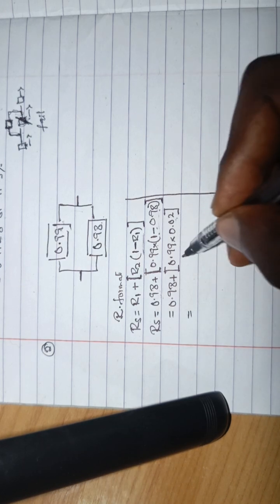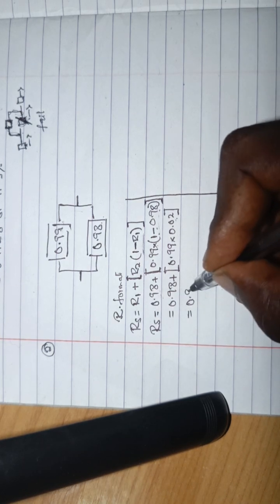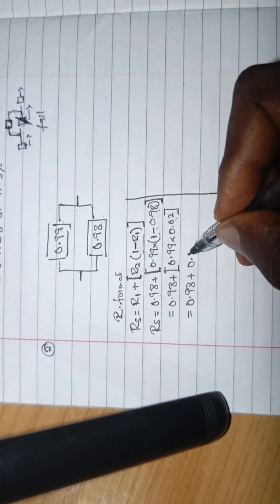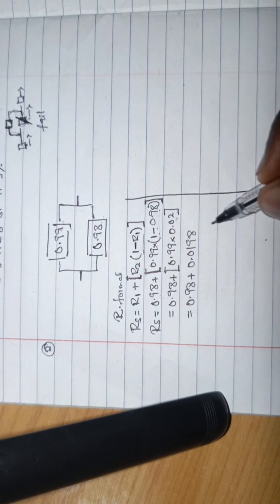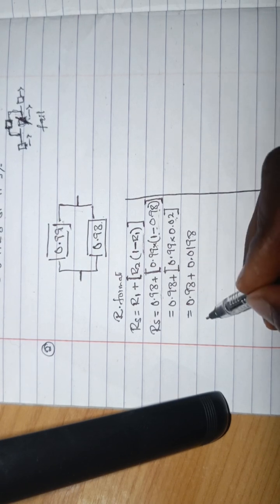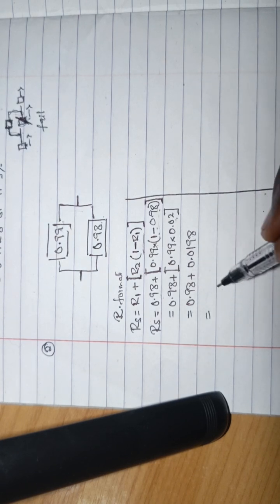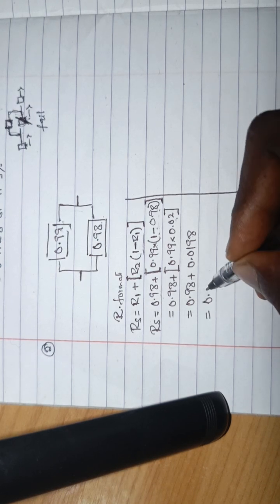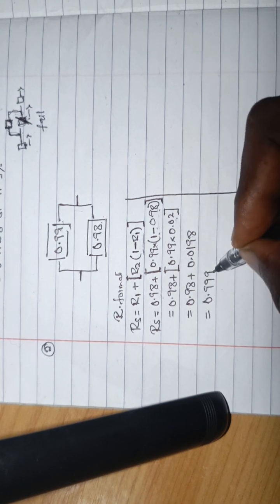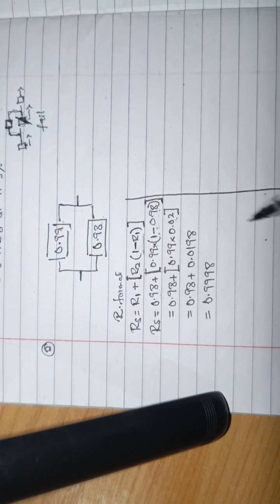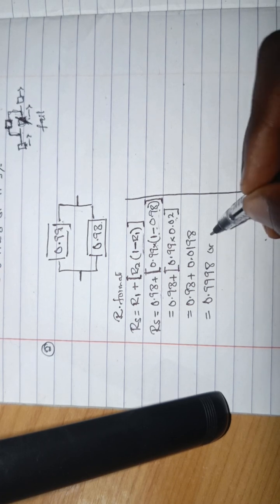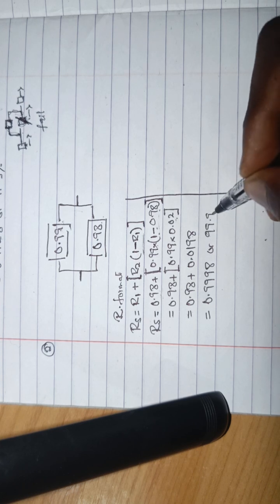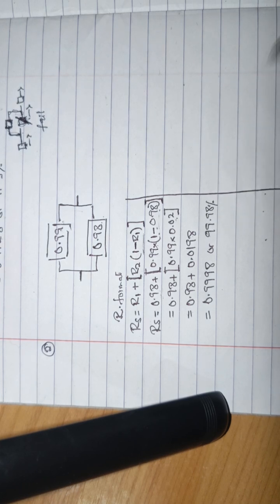So if you multiply this by this, you're going to get 0.98 plus 0.0198. Okay, so then we add this and this. Do you get it? So when you add, you're going to get 0.9998, okay, or 99.98%.